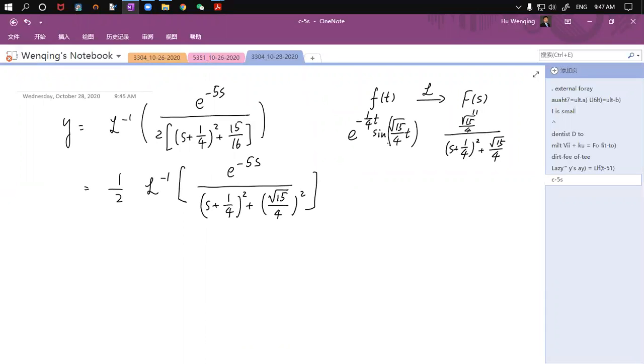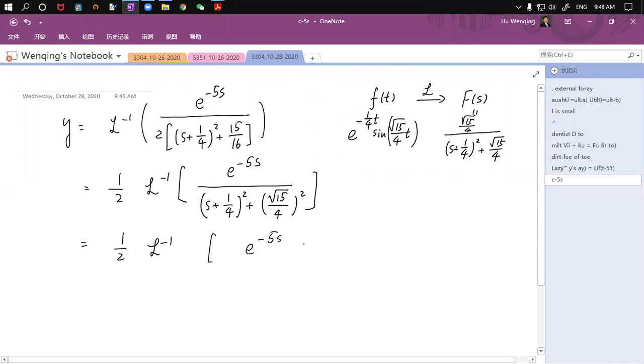Now, once you have that relation, you can see that this function can be written as the inverse Laplace transform of e to the power minus 5s multiplied by F(s), but the coefficient is 1, so you're going to have 4 over the square root of 15 in front of it. Is that good for everybody? So you're just trying to find the inverse Laplace transform of e to the power minus 5s times F(s).